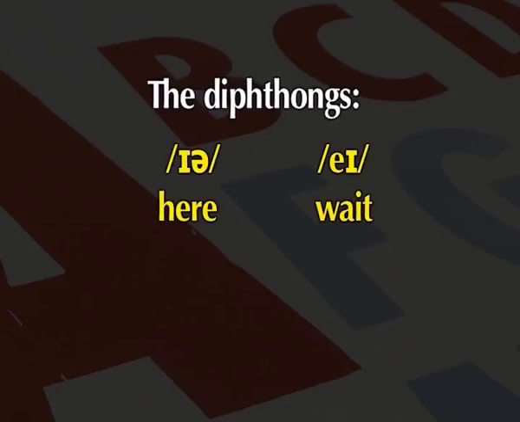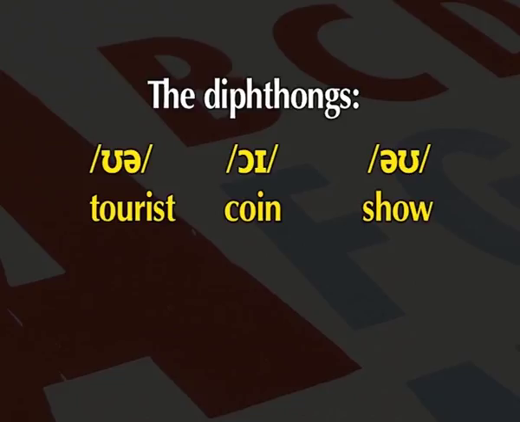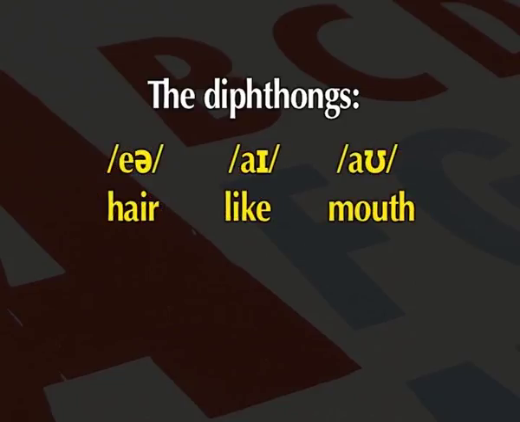The diphthongs ea and a are pronounced as in here and wait. Ua and oi or o are pronounced as in tourist, coin, and show. A, I, and o are pronounced as in hair, like, and mouth.